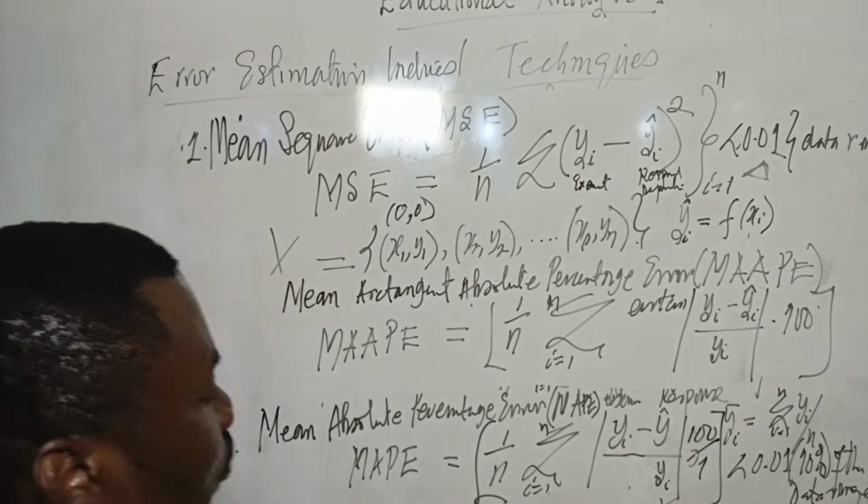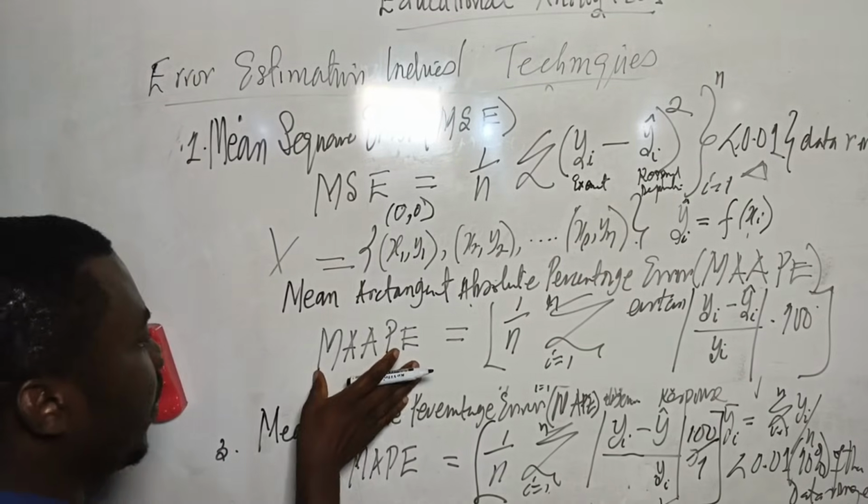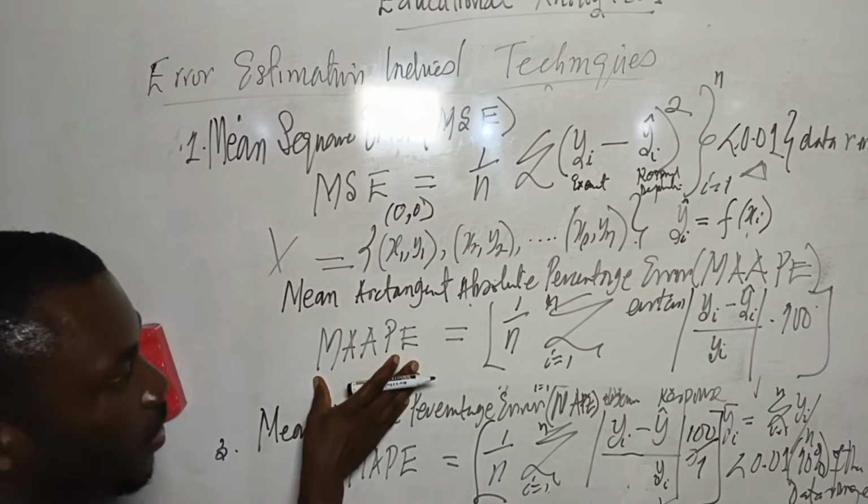Now, this is a mean arctangent absolute percentage error.